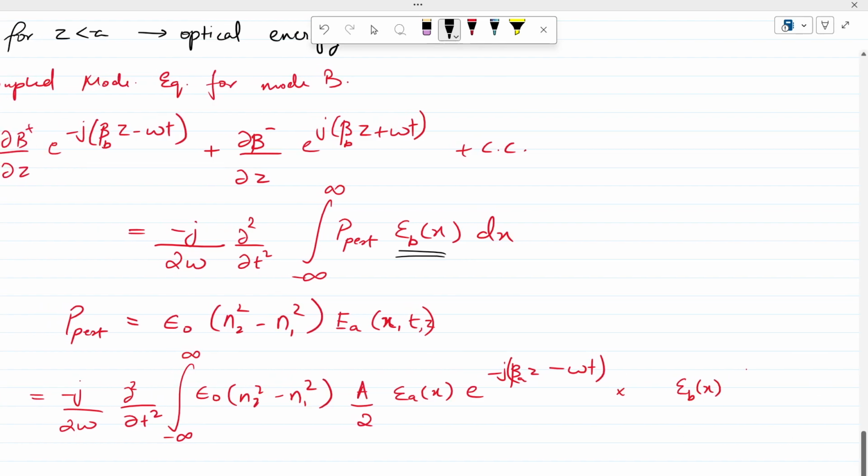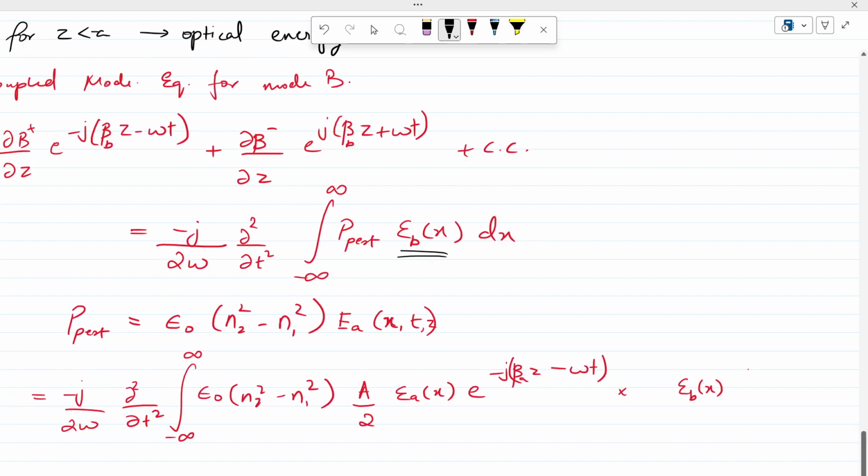It's the overlap between the perturbation and the profile of the mode in the x direction. That is what matters. The amplitude of mode B doesn't matter. The phase of mode B doesn't matter. The only thing that matters is the mode profile. So that is what we have to write. Clearing that up.